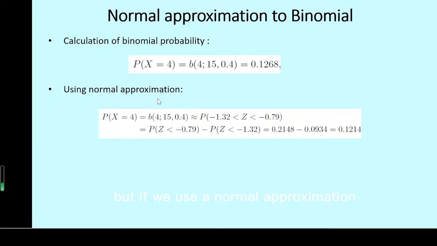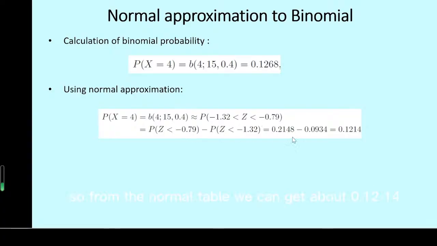But if we use the normal approximation, we calculate x equals 4, which is approximately the probability of x between 3.5 and 4.5, right? Then we transform this to z values, the probability of z between these two values.